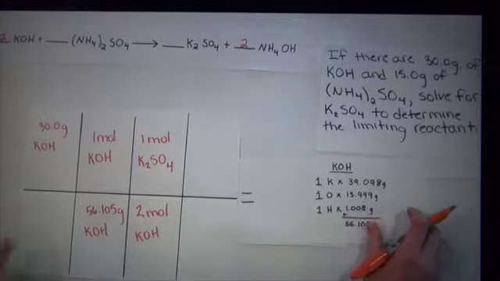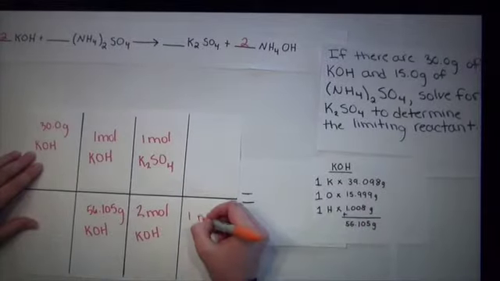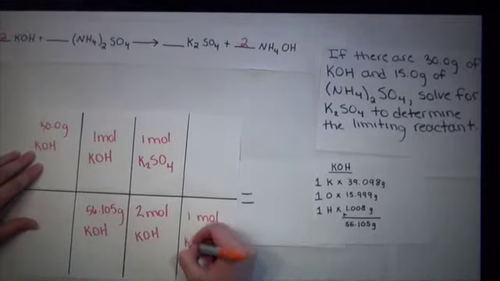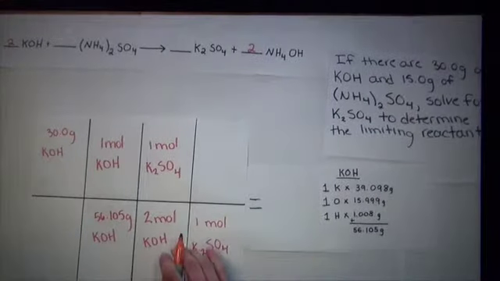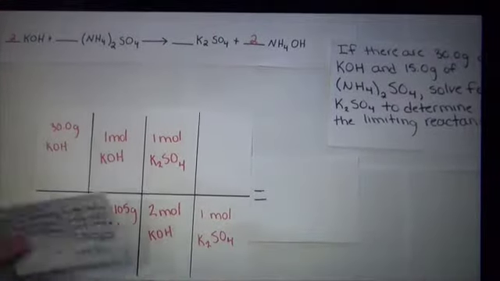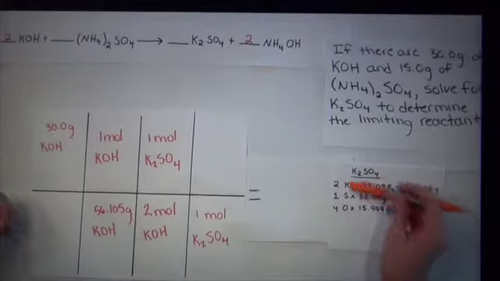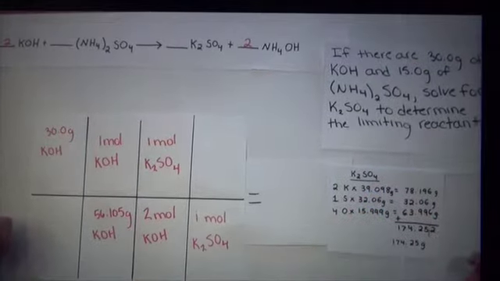So now we have to figure out what 1 mole of potassium sulfate is in grams. So here we have our molar mass. So we have 2 Ks, 1 S, and 4 oxygens.